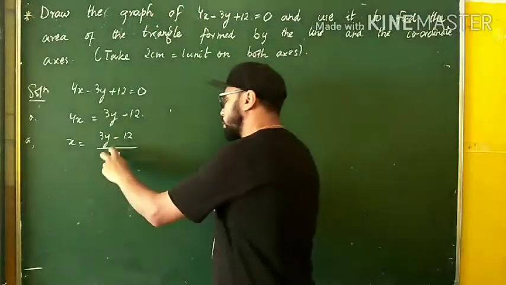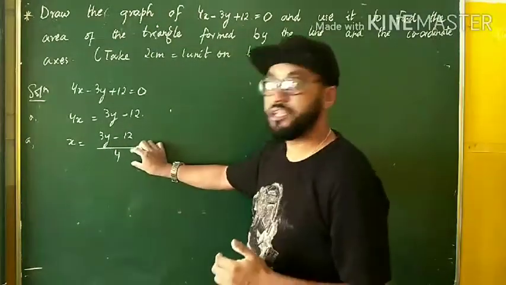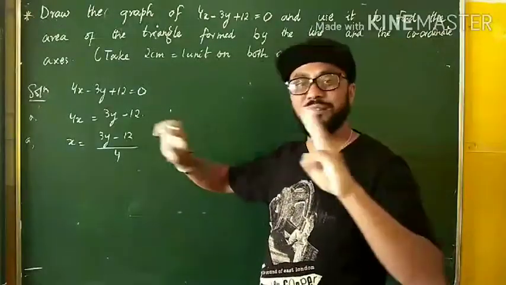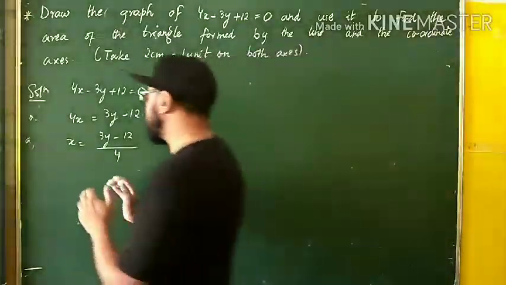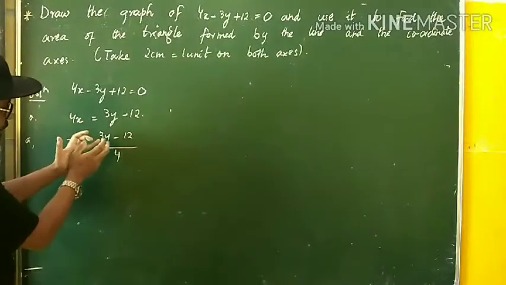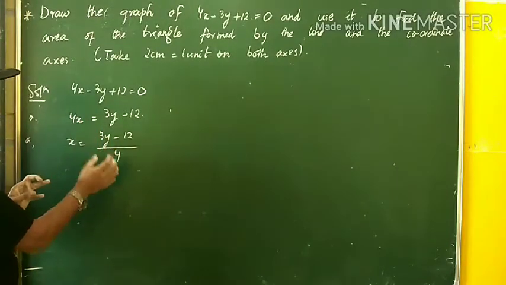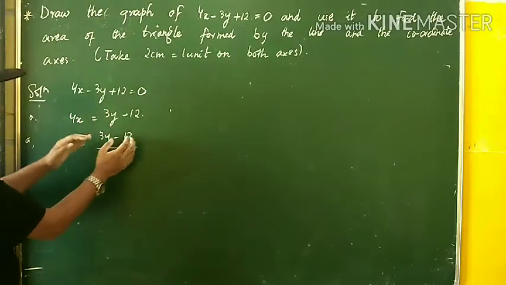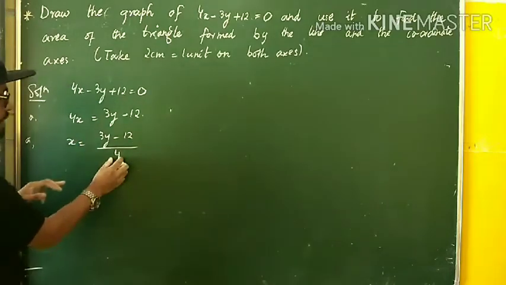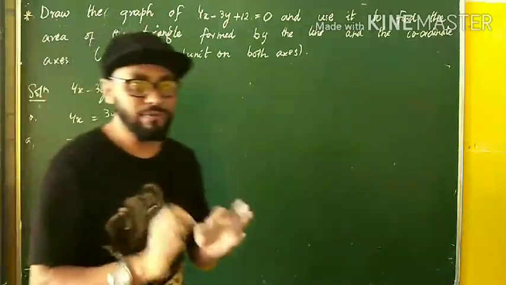Now, if we have a denominator, we cannot take any value randomly. So we have to take the value of y in such a way that when you do the calculation, whatever value you get has to be divisible by 4. So we have to be very careful.